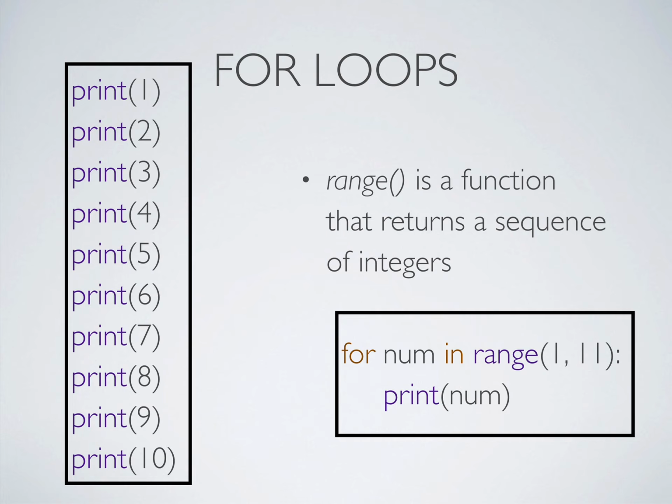And then, each time that happens, you print whatever num is. So again, first time it goes, num gets 1, and you print 1. Next time it goes, num gets 2, and you print 2, and so on. So again, this range function is a built-in function in Python, and it returns a sequence of integers.